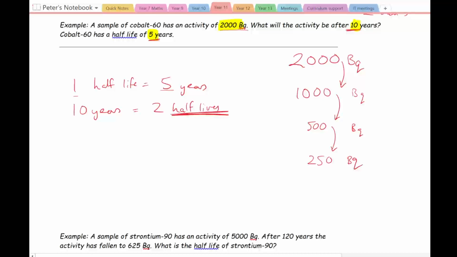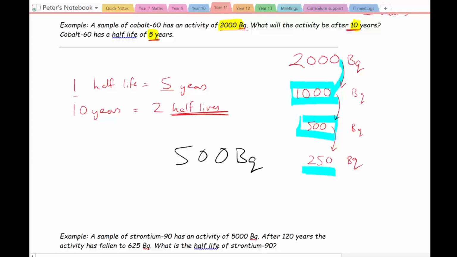And you can see that one half-life took us to 1,000, 2 half-lives will take us to 500, 3 half-lives will take us to 250. So the answer is going to be 500 becquerels, because we have 2 half-lives here and 10 years is going to equate to 2 half-lives.